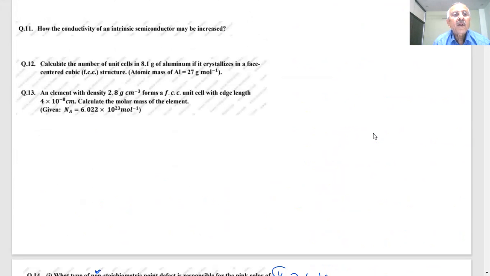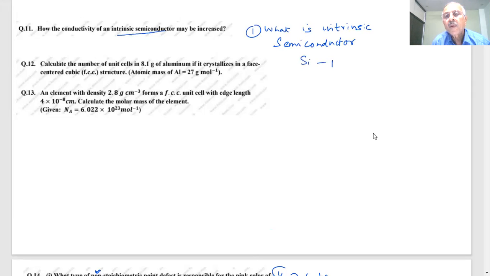He asks how the conductivity of an intrinsic semiconductor can be improved. What is an intrinsic semiconductor, student? Substances like silicon or germanium which are in the pure state are known as intrinsic semiconductors.